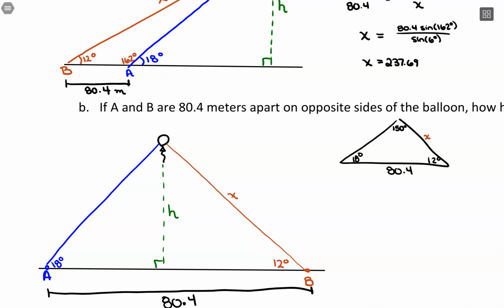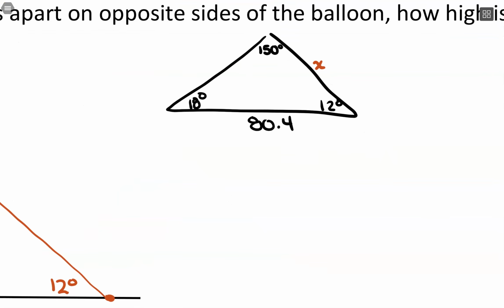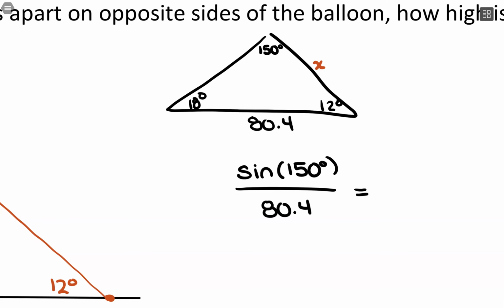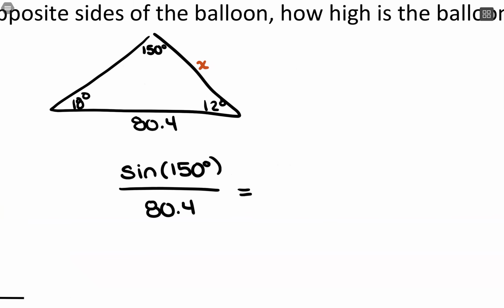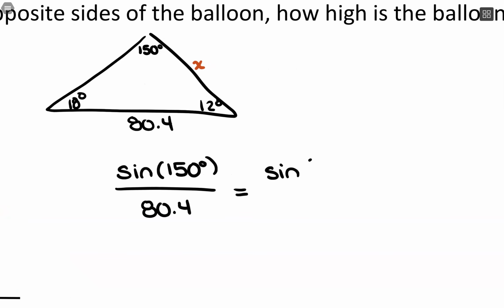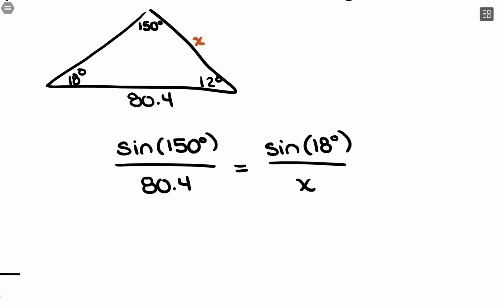I'm just going to call that my unknown over there. So what we'll have is sine of 150 degrees over 80.4 is equal to, and then I'm going to use x in the 18 degrees, so sine of 18 degrees over x.